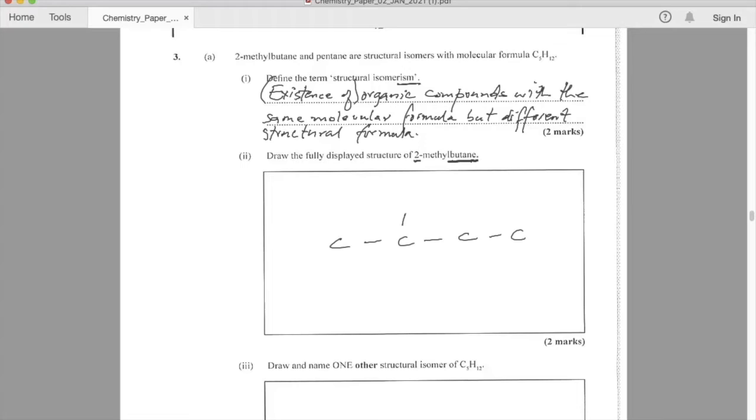I'm going to draw out the CH3 for the methyl group instead of condensing it. Then I'm going to ensure that all my carbons are taking part in 4 bonds. So I'm putting on my hydrogens, and this is a saturated molecule. All we have here are carbon-carbon single bonds and carbon-hydrogen single bonds.